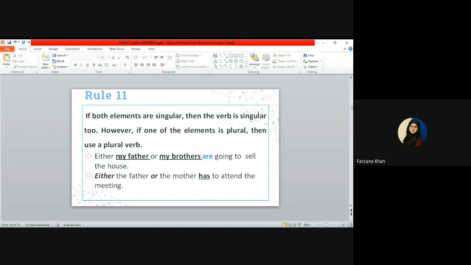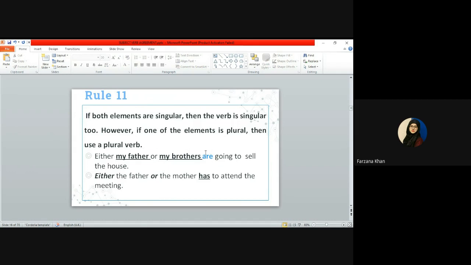So, either my father or my brothers are going to sell the house. In this sentence, you can clearly see the first subject is my father, which is singular, right? The second subject is my brothers, which is a plural subject. So both these subjects have been connected by either or, right? One singular and the other plural.